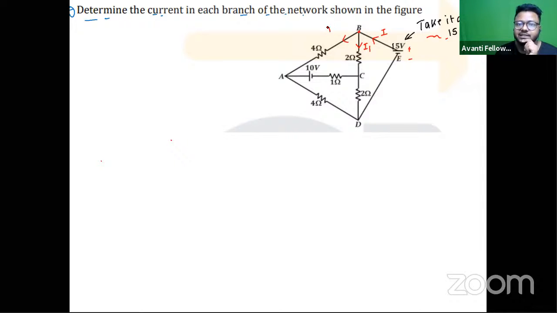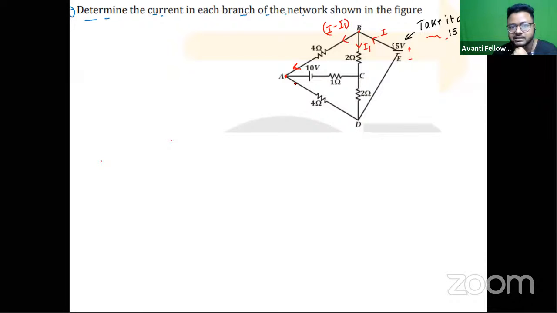The current going in branch AB is I minus I1, right? Now some students will get confused, sir, some current will go from here. Don't worry about this small wire, don't neglect it, think that there is nothing there. Just neglect it. So when you come to this point, you have I minus I1 current, right?